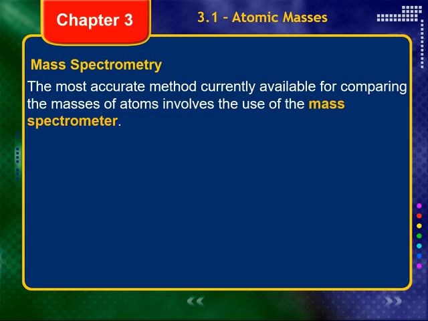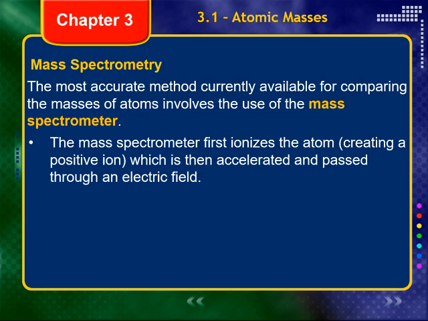How do they go about generating this data? Mass spectrometry. The most accurate method currently available for comparing the masses of atoms involves the use of a mass spectrometer. A mass spectrometer first ionizes the atom, creating a positive ion, knocking out one of those valence electrons. It is then accelerated and passed through an electric field.